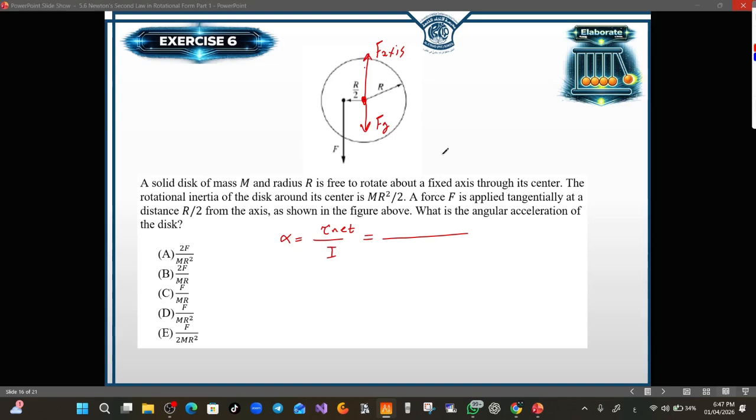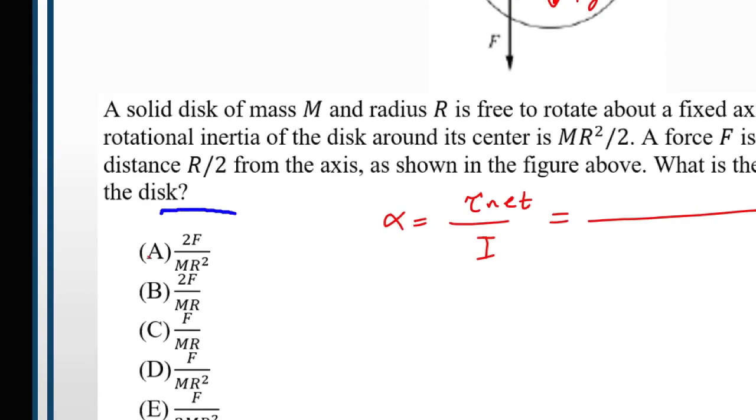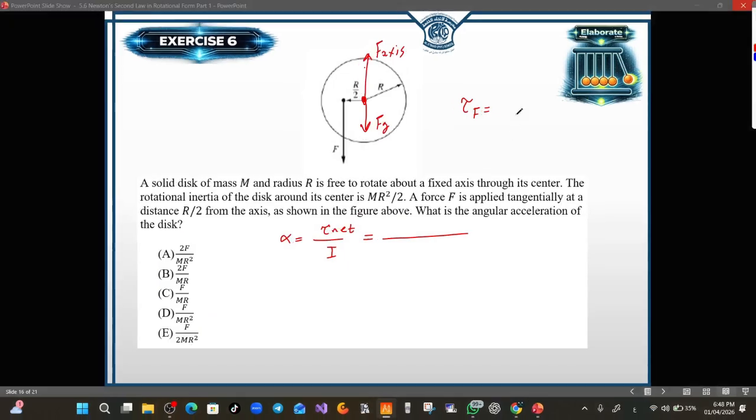So we just need to evaluate the torque of the force F. Since all the values are written in absolute value, no need to worry about the sign. We just need to evaluate the magnitude of the alpha and the magnitude of the tau F. In magnitude, we just write F times d. What about the cosine? This is a tangential force, no need to write the cosine.